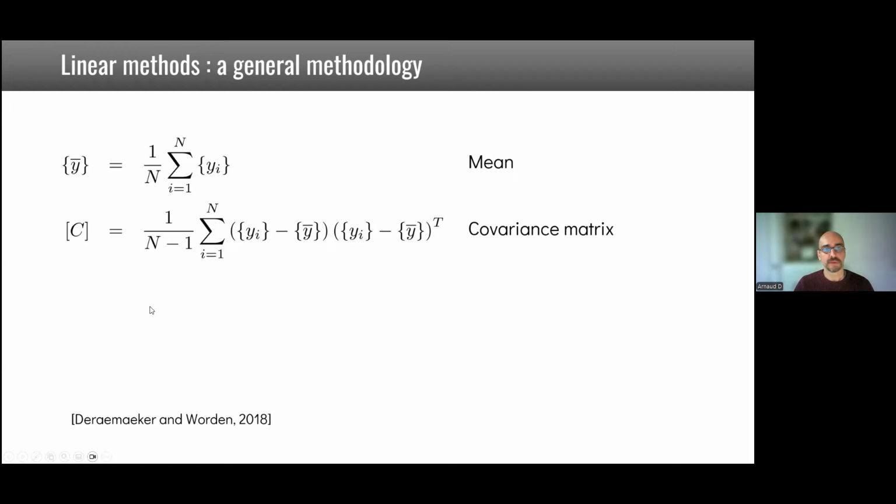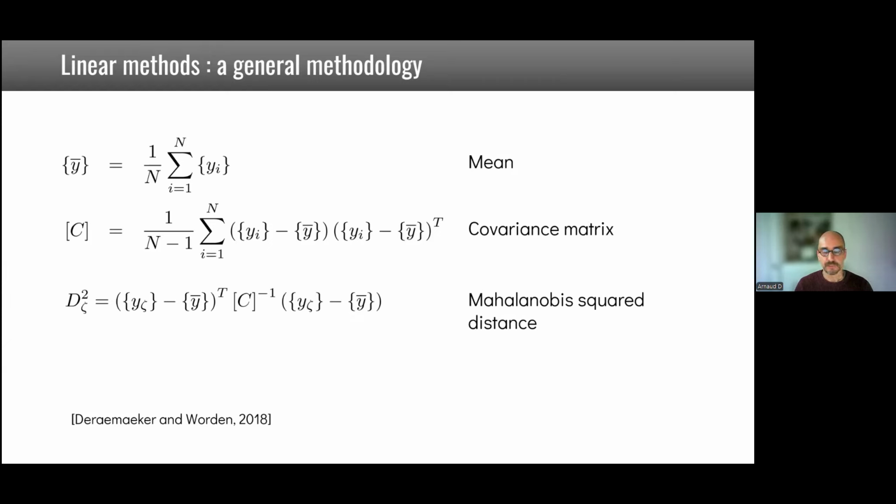We have a feature vector y with dimension n. For example, we have 10 damage indicators on our structure. So we can compute the mean and we can compute the covariance matrix, which states how far this data is from the mean globally. Then we can compute something that is very difficult to pronounce, but I got used to it over the years.